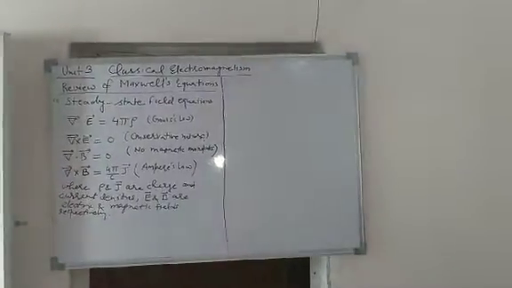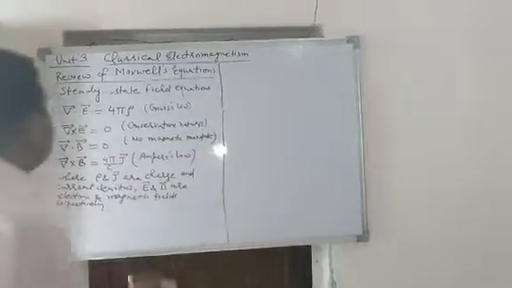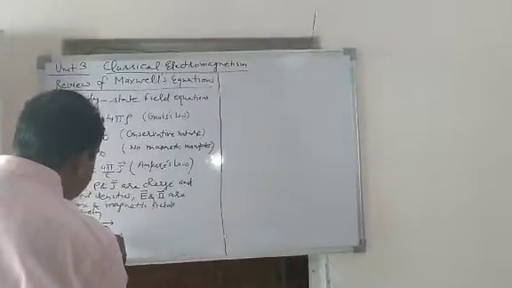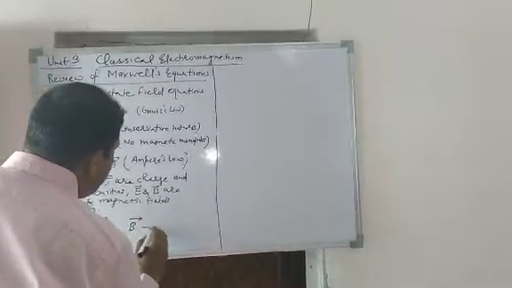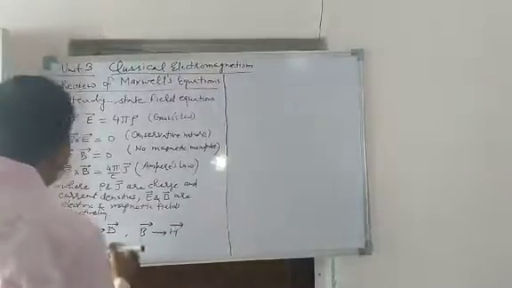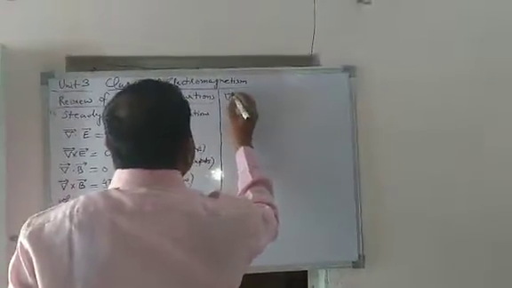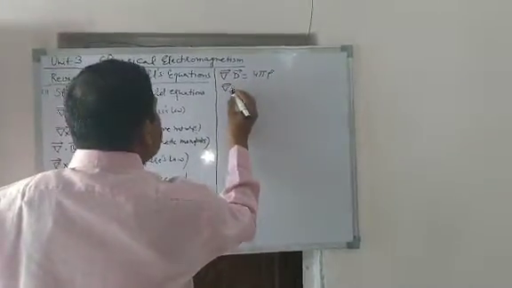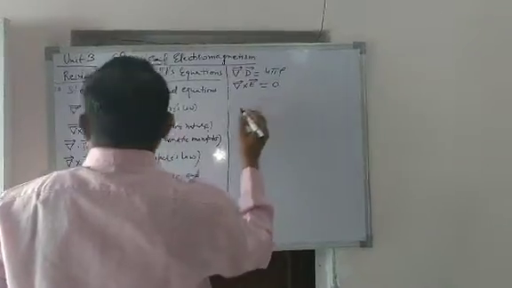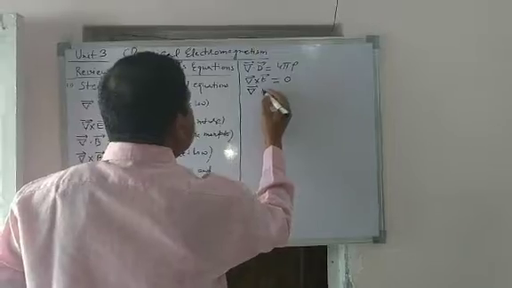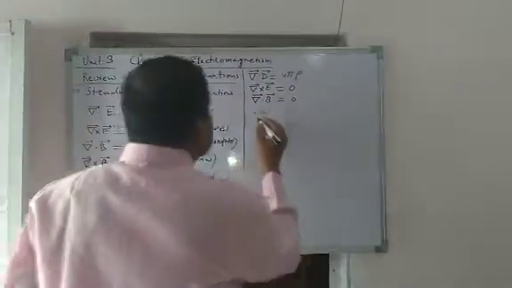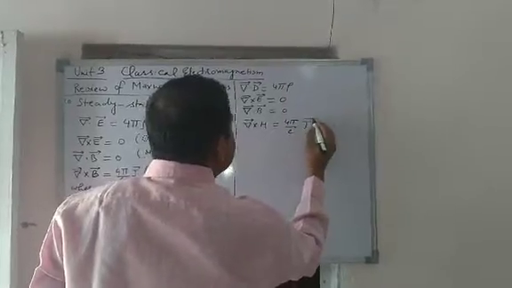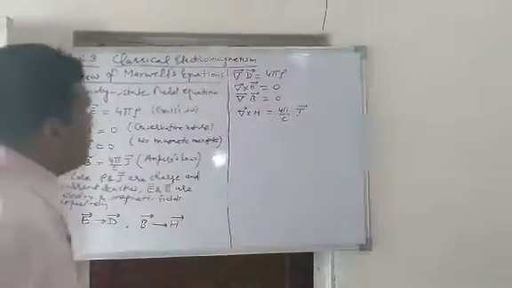If we work in a medium, then we need to replace E by D, which is actually called the displacement vector, and B by H, and then these four equations modify to del dot D equal to 4 pi rho, del cross E, which will still be 0, del dot B equal to 0, and del cross H equal to 4 pi by C J.